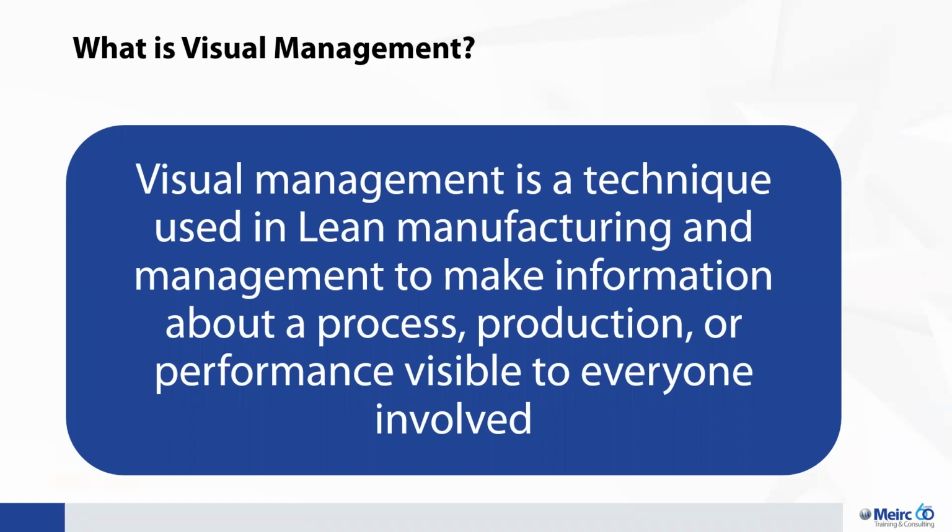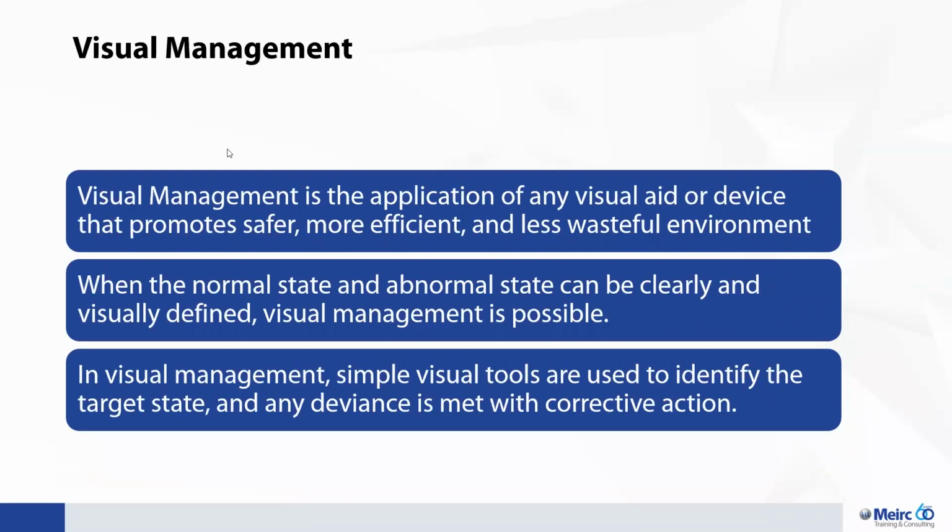So you can get lots of information about the process and what's happening, and if there's any delay, you can step in and try to solve that. So visual management is the application of any visual aid or device that promotes a safer, more efficient, and less wasteful environment. Immediately, you can detect if there is a delay, you can detect if there's an abnormal state, and this is where you can step in and use that for a corrective action and hopefully later on for a preventive action.